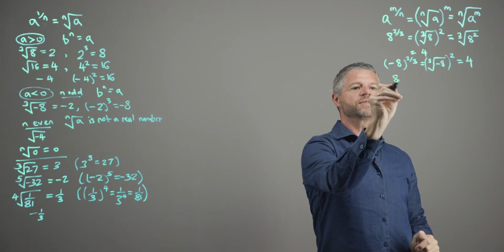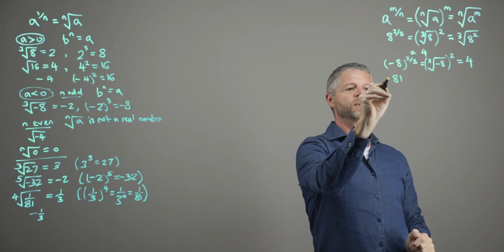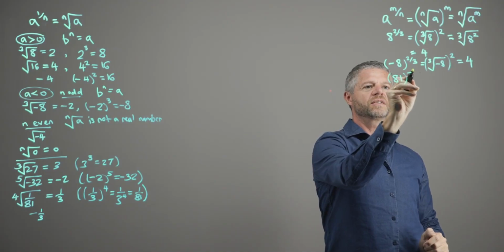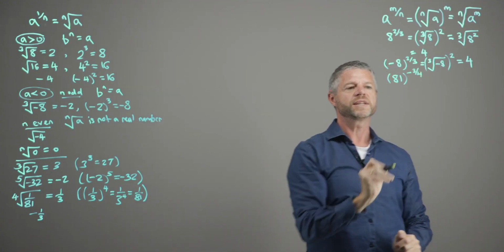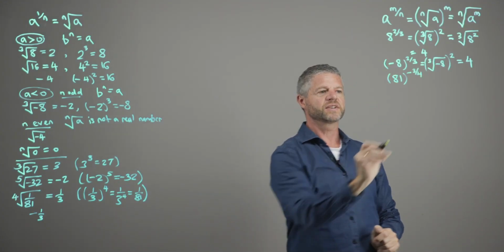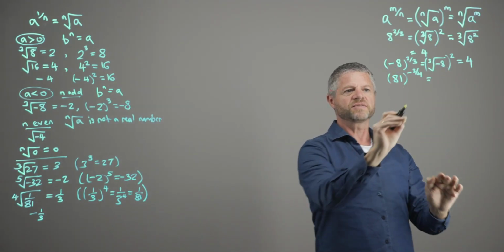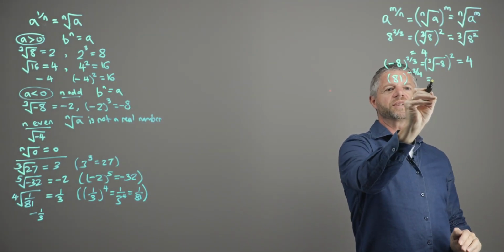Let's do another example. Let's do 81, and let's do a negative fractional exponent. Let's do 81 to the minus 3/4. So let's just write down what that means first.